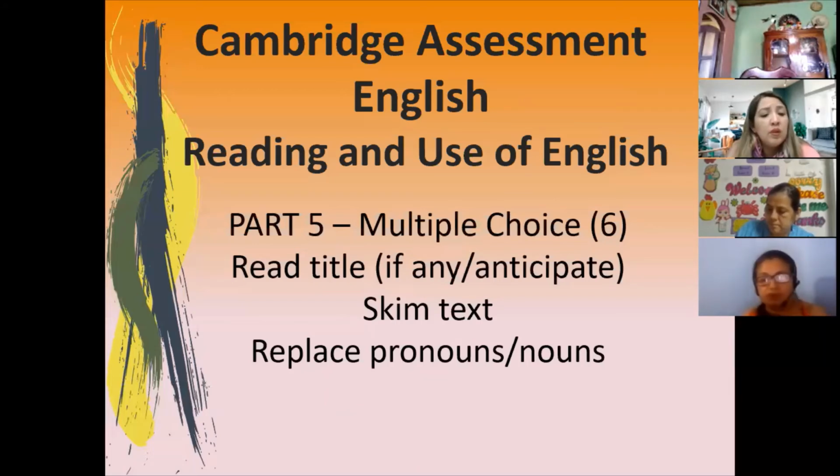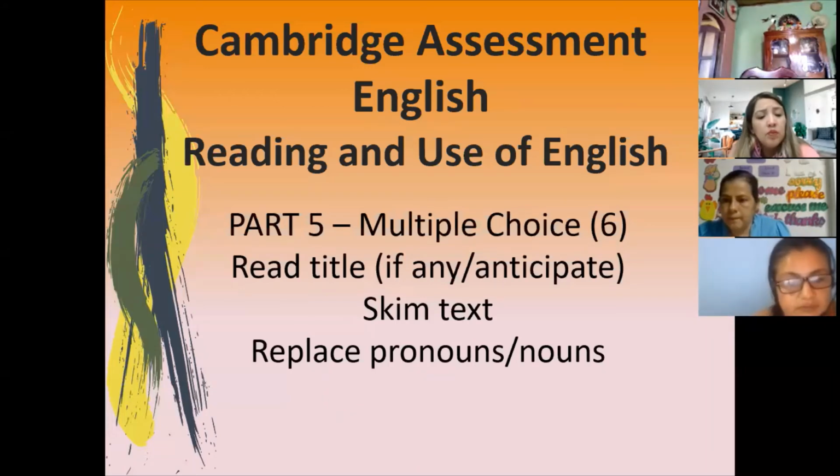Okay, for example, if the question says, how much money did he spend on the car? That is scanning. You skimmed and you say, oh, I remember that answer is on paragraph number 3. And what are you looking for? If the question is how much money did he spend on the car, you're looking for a number, correct? That is scanning.